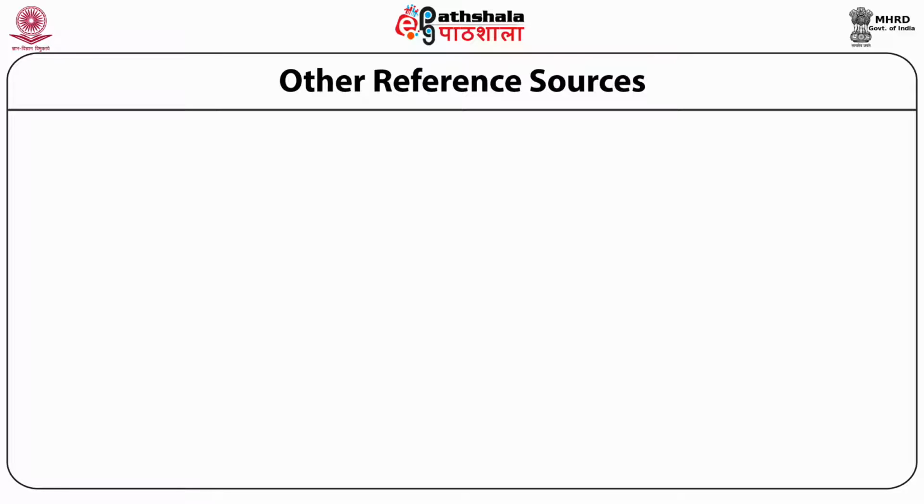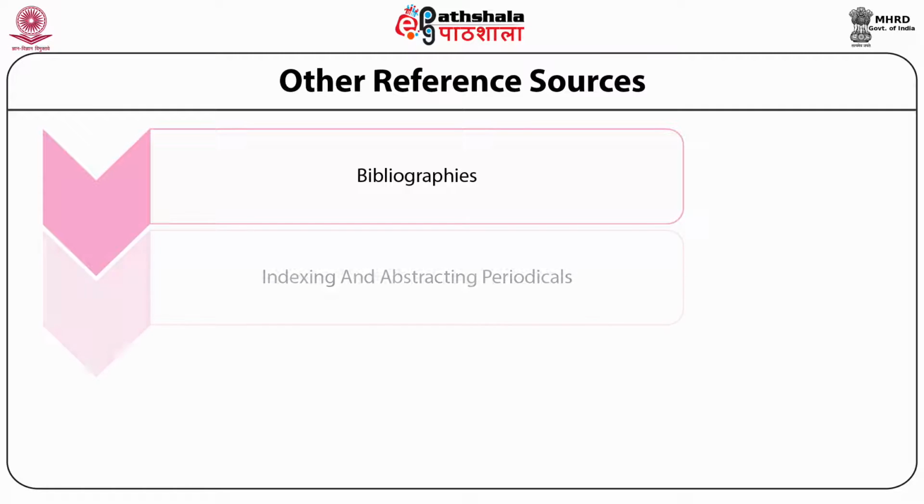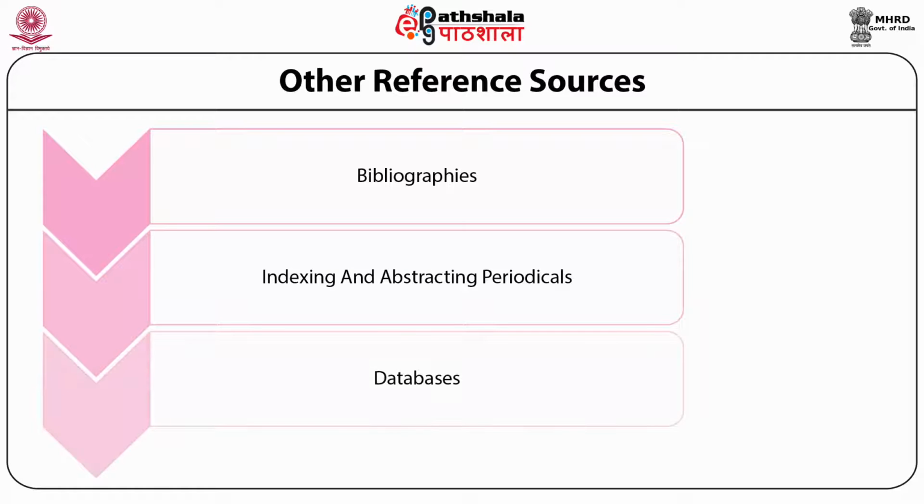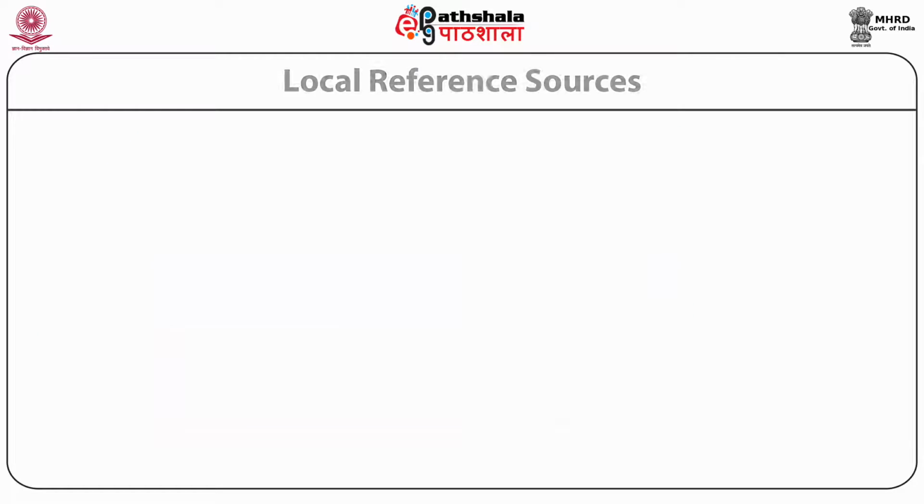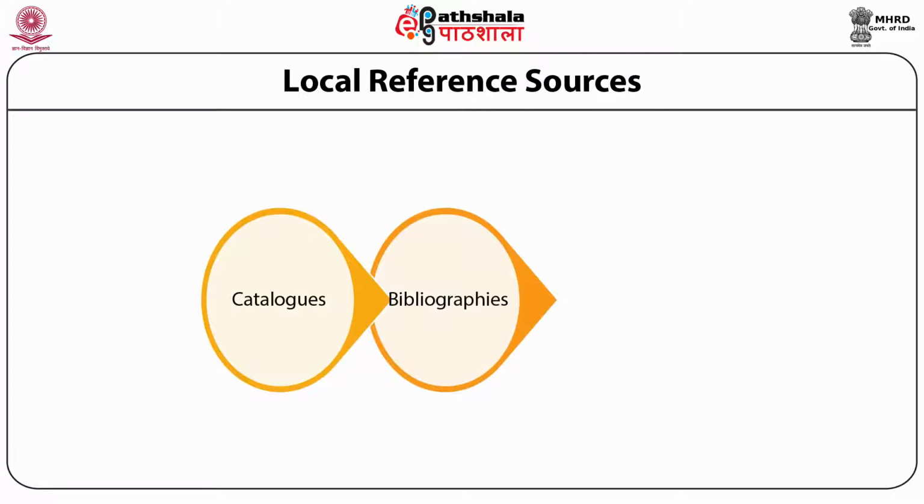This group includes bibliographies, indexing and abstracting periodicals, and databases, which are used for locating original information on a given subject or topic. The third category is local reference sources, such as catalogs, bibliographies, and subject guides, which are developed by individual libraries and are used as reference tools for facilitating access to local resources of the library.